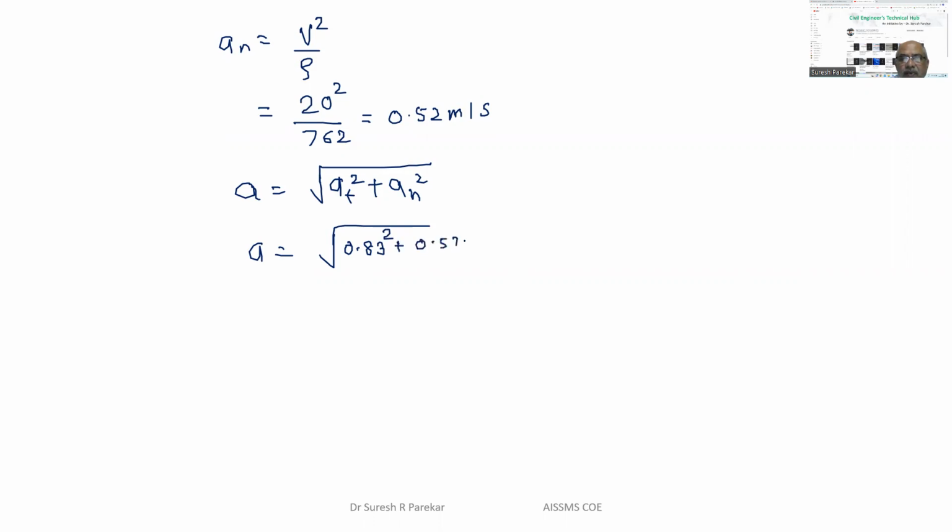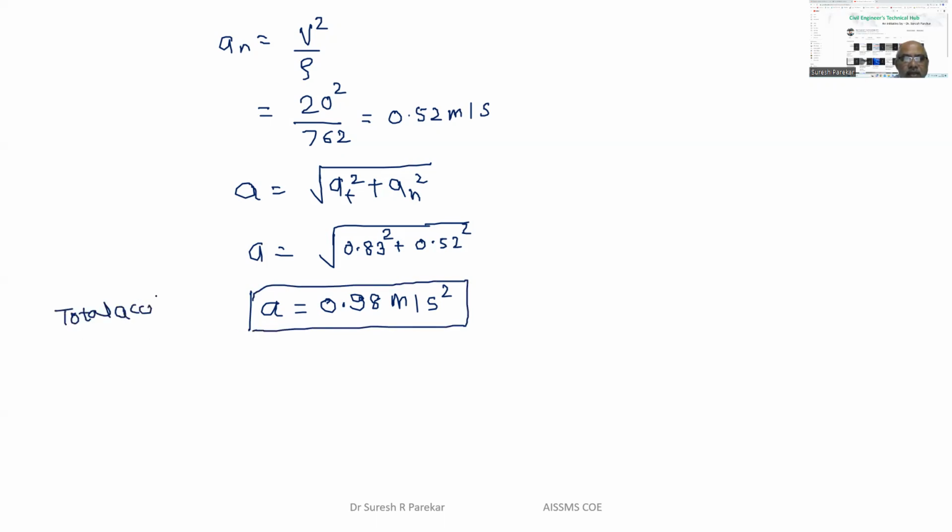So plus 0.52 square, and we will get the value of a, that is equal to 0.98 meters per second square. So we have total acceleration at v equal to 20 meters per second is 0.98 meters per second square.